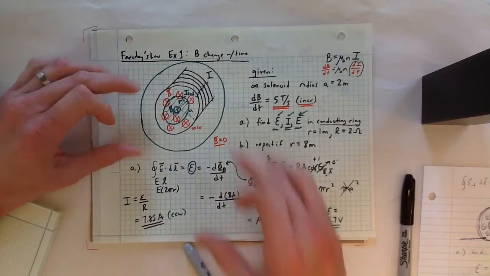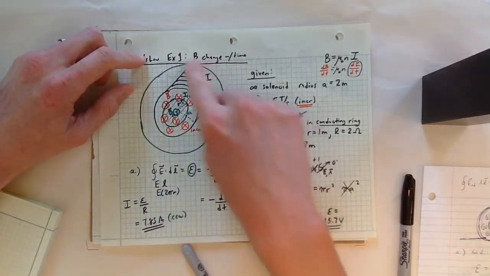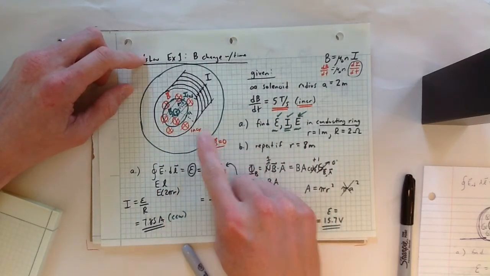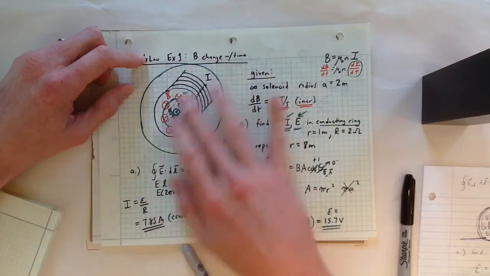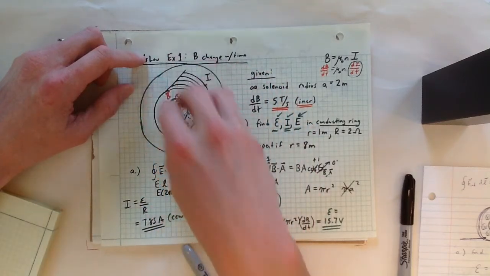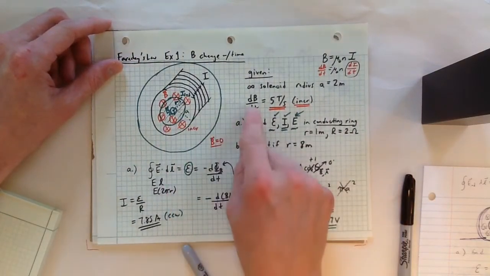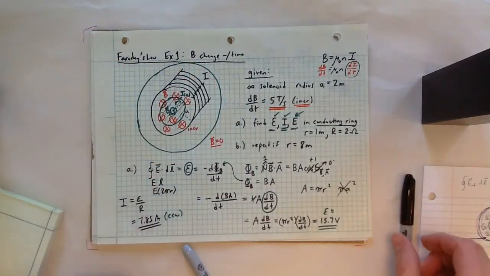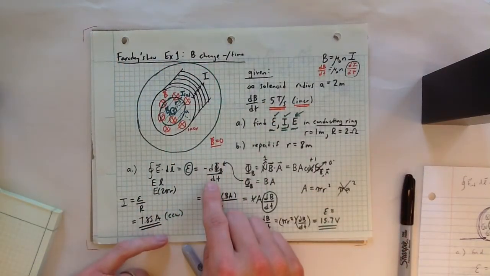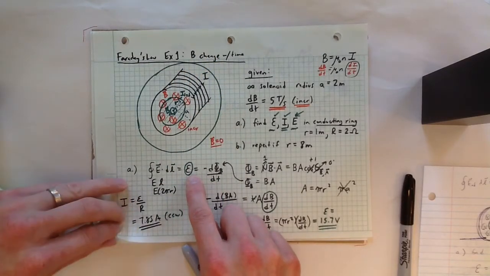However, I should point out, another way to argue this is that this ring is catching some flux, not across the whole area, but across this inner part. And that flux is changing because the magnetic field strength in that interior region is changing. So by that argument, if we do get a flux change across this ring, we should still get an EMF, still get a current, everything. And in fact, that is the correct argument.